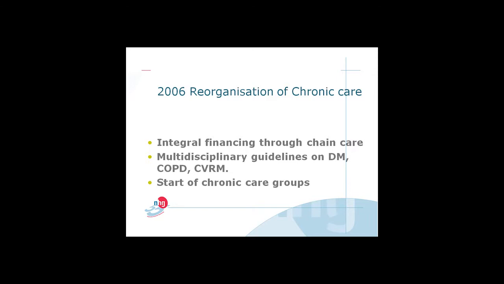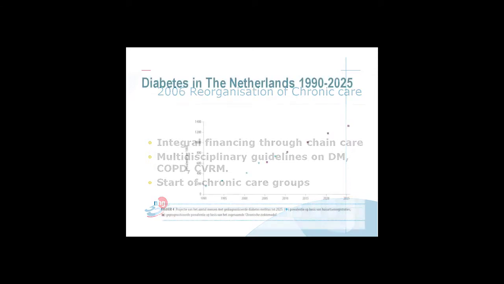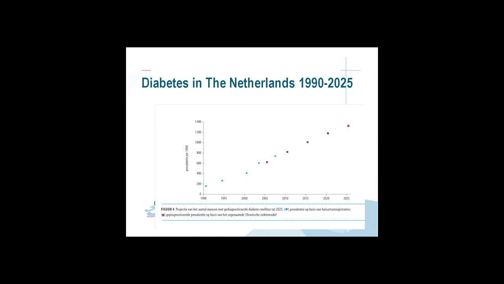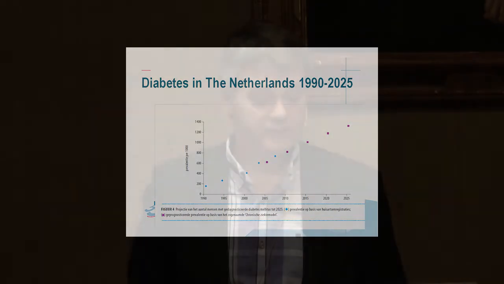There were multidisciplinary guidelines made on diabetes, COPD and CVRM, and there was the start of these chronic care groups. The reason for that is that diabetes is going up so fast. I think this slide can be put on every country in Europe because it goes up at the same pace in every country.